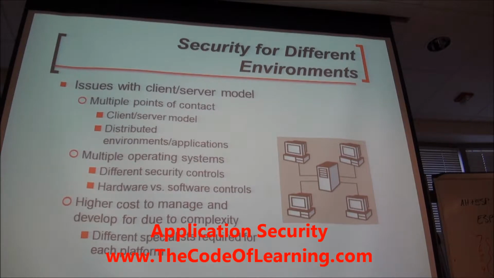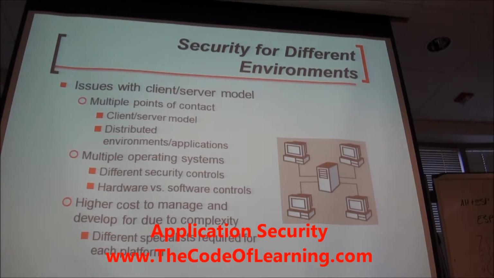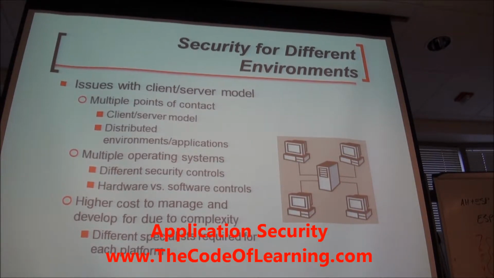Everybody wants to use their Mac or their iPad, and they want to integrate that with their Windows or their Linux machine. So when you have multiple types of applications, it's not standardized, which is a higher cost. Remember, in one of the first case studies we did, we talked about standardizing basically.